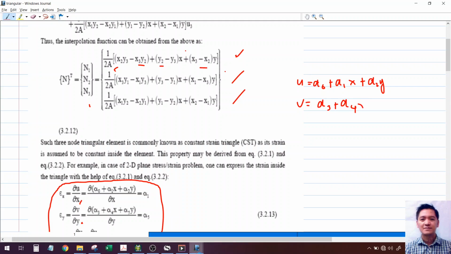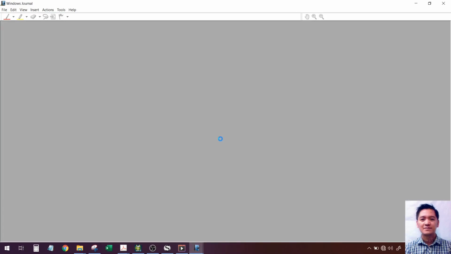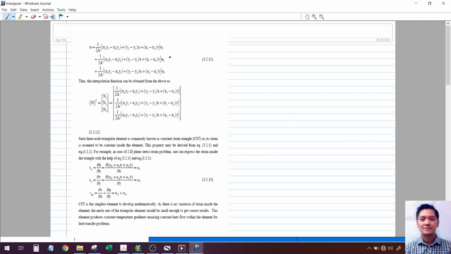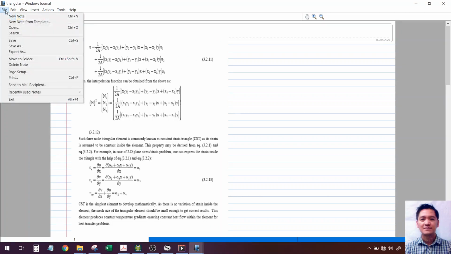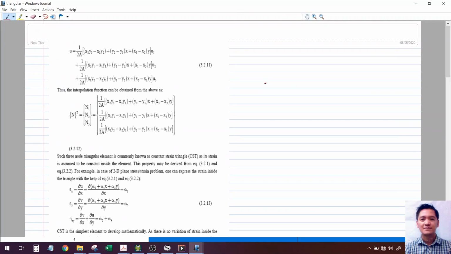Okay. So, save ko muna. Ayan, no? Ito. So, u is alpha naught plus alpha 1x plus alpha 2y, while v is alpha 3 plus alpha 4x plus alpha 5y.